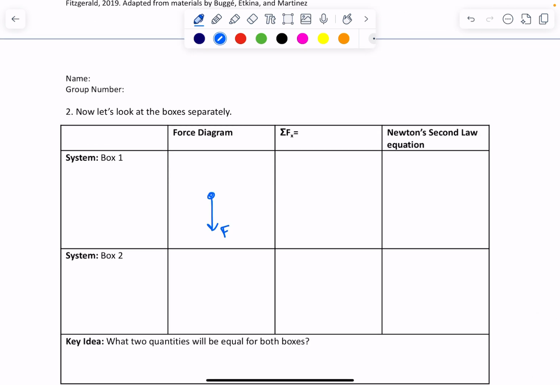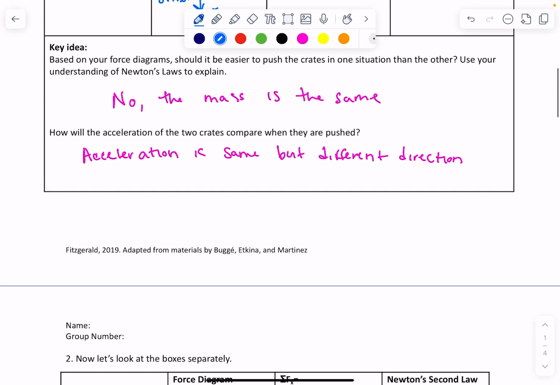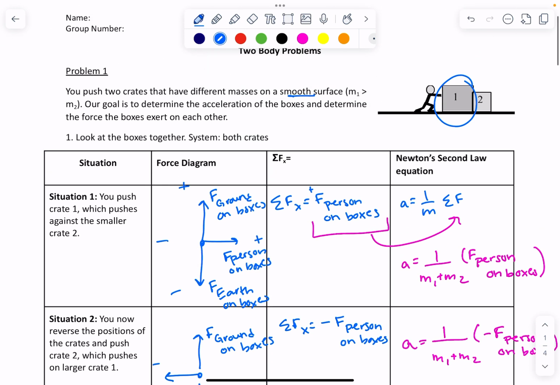Let's have force earth on 1. I'm just going to write 1 instead of box 1. Force ground on 1. And then we have force person on 1. And then we have force 2 on 1. And that's because these two boxes are touching each other, so box 2 must exert a force on box 1.